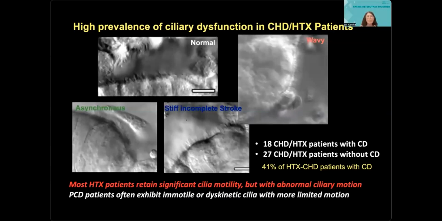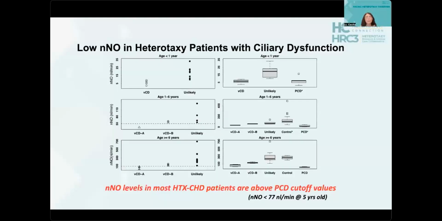What we noted is that most of the heterotaxy patients actually retain a very significant amount of cilia motility, but the motion is very abnormal. And as I said, this contrasts with more immotile dyskinetic cilia with limited range of motion in PCD patients. So we also measured nasal nitric oxide, as I mentioned.